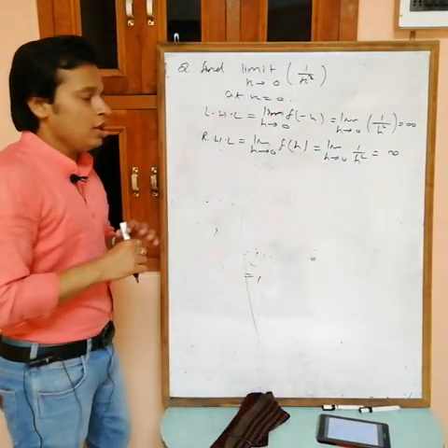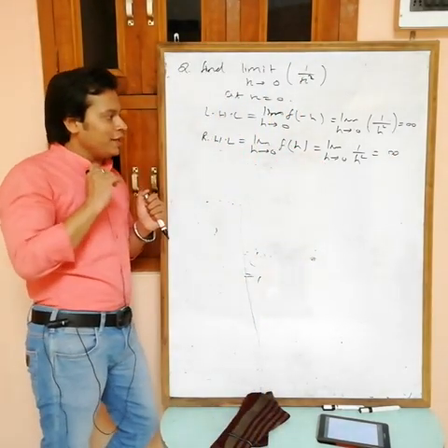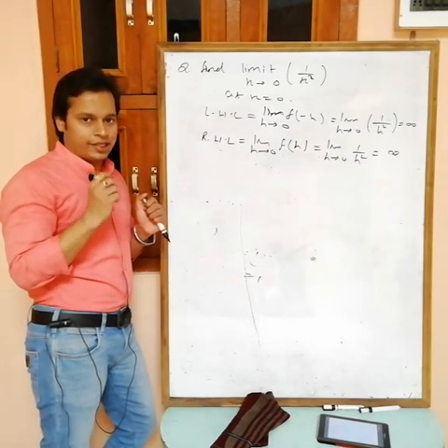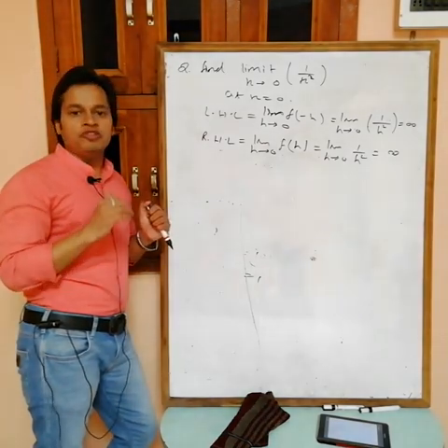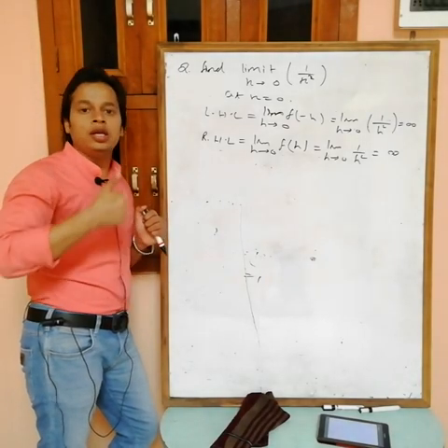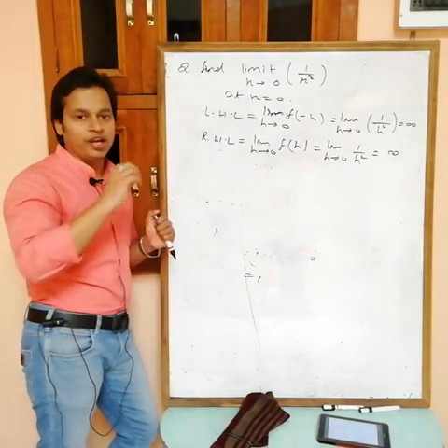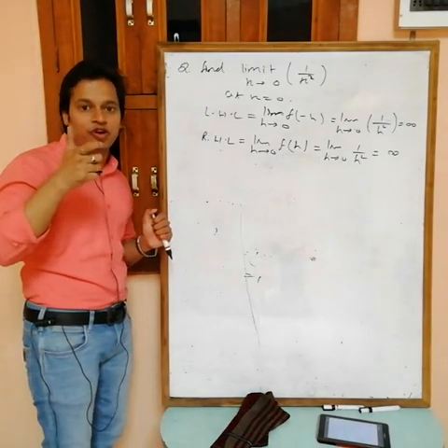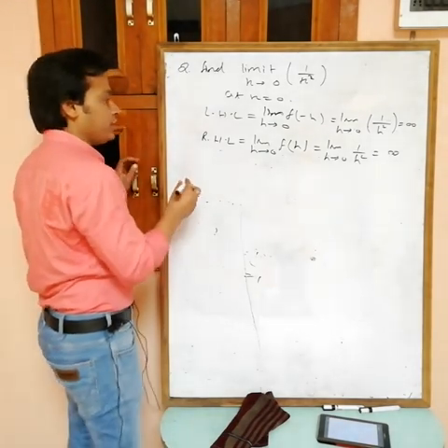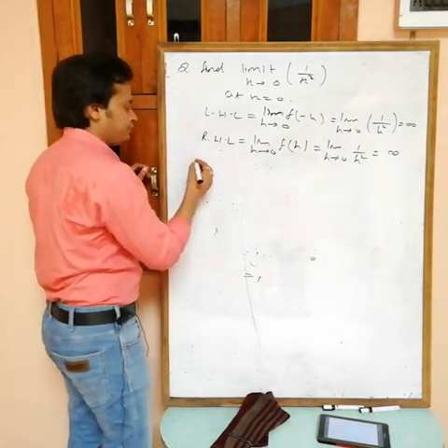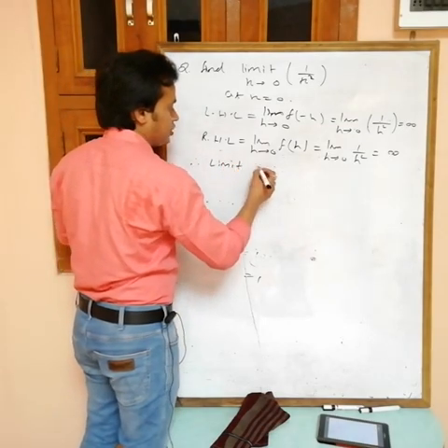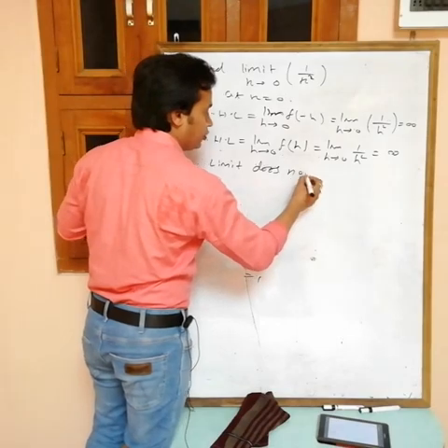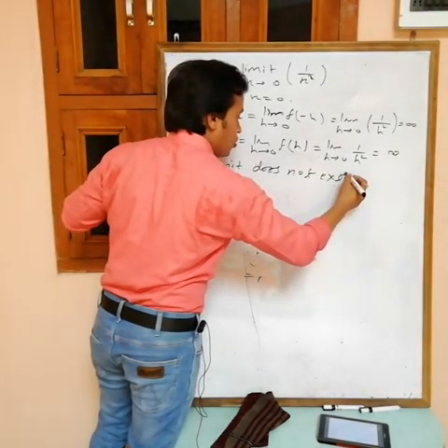Now see, both LHL and RHL are the same at this time. But we know that a limit is said to exist if LHL equals RHL equals a finite value. Now infinity is not a finite value, so I can say that the limit does not exist. Limit does not exist.